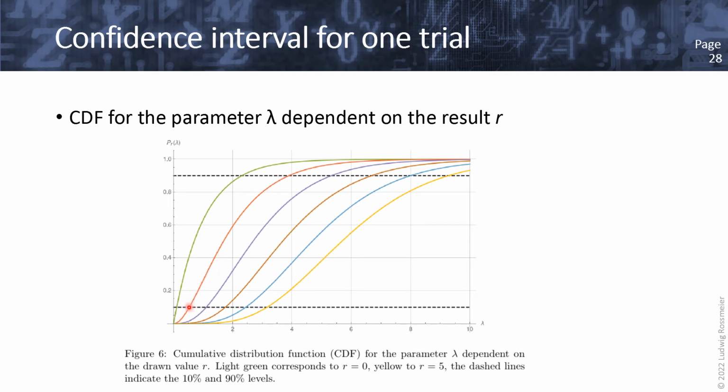Therefore, the crossing point of the red curve with a 10% line here gives the lower confidence limit, and the 90% crossing here gives the upper confidence limit for 80% total confidence. The same occurs for other parameters of r, like r equals 0 or r equals 2 and so on for the other curves.